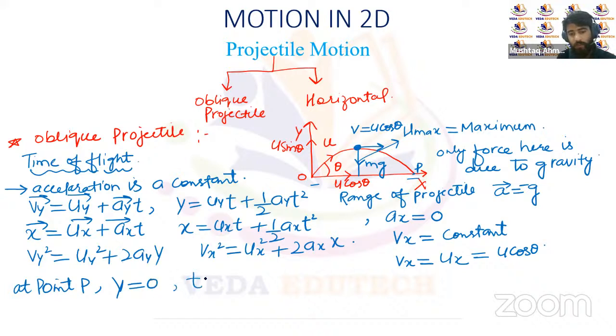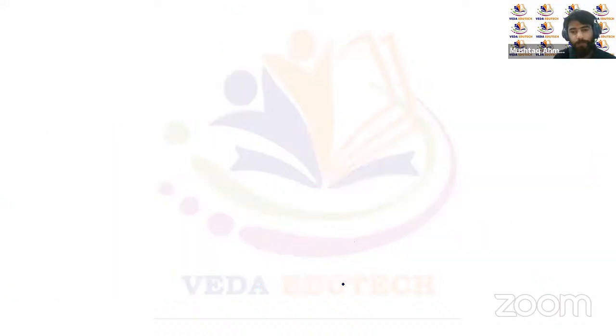So when the particle strikes back on the same horizontal surface, the vertical component of the displacement of the projectile has to be equal to 0, correct?